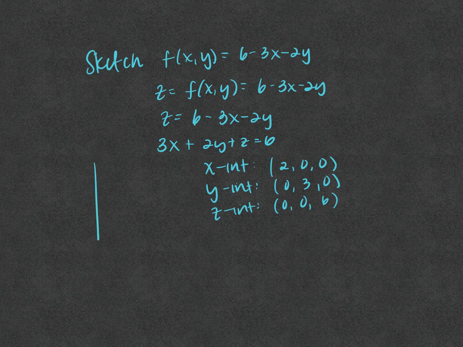So then if we're going to sketch this plane, we go back to what we learned in chapter 12, the first chapter in this section. And my x value is going to be 2, my y value is 3, and my z value is 6. So I'm going to connect the plane connecting these, and draw it in so you can see the piece of paper, the plane that hits these intercepts. So that's the sketch of the graph of that function.